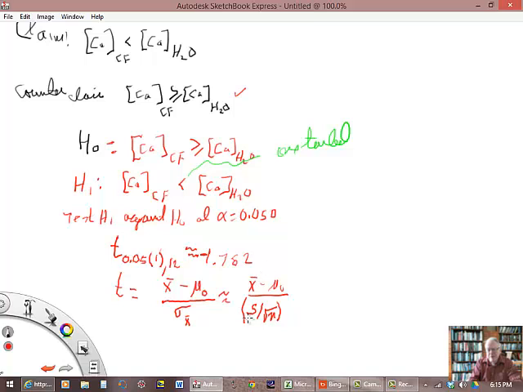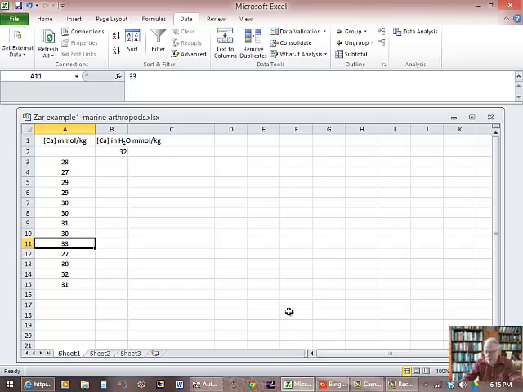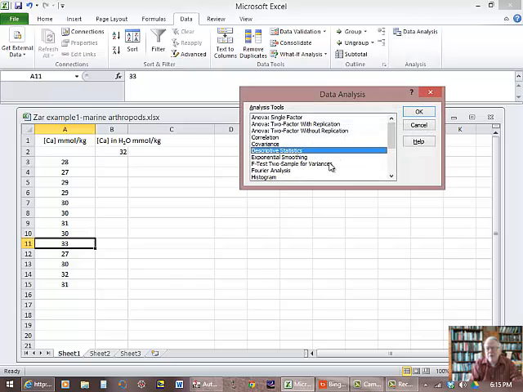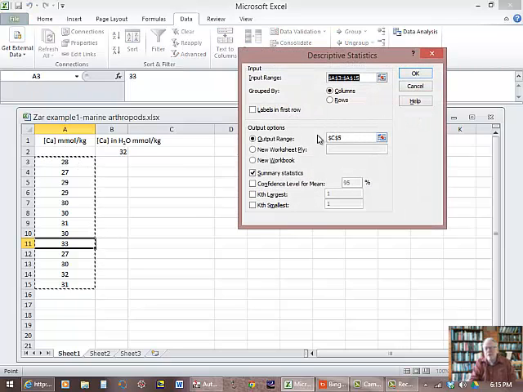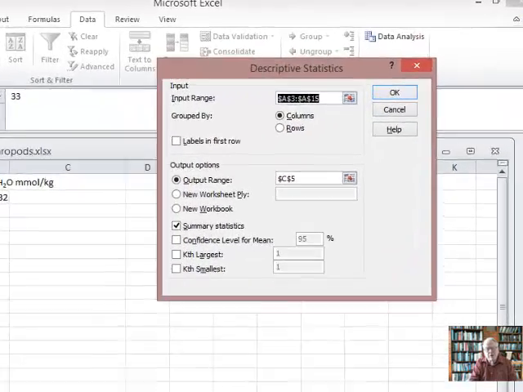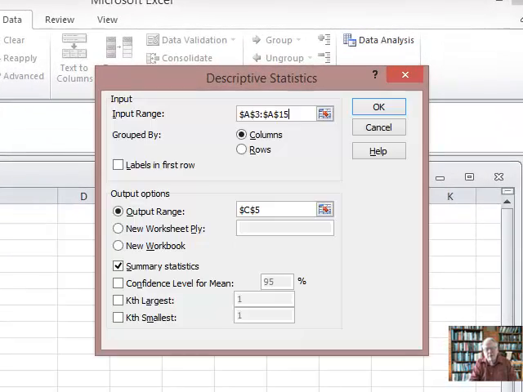So to do that, I need some data. So I'll go back to the data, and I will find here, if I go to the Data tab, Data Analysis, I want to do something we did years ago, descriptive statistics. That will tell me the mean and the standard error, which is what my denominator there is called. So I will choose the input range.